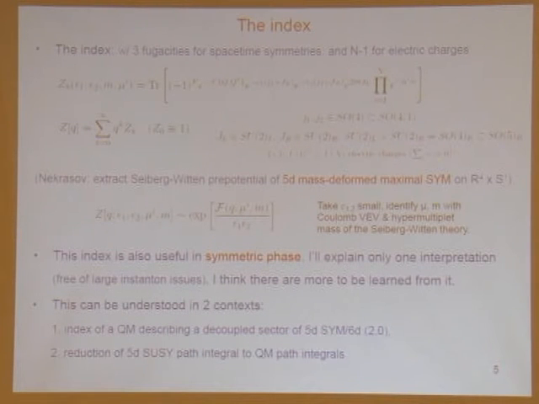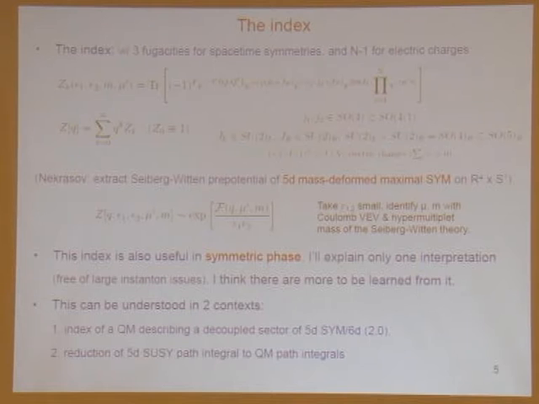firstly, I'll try to explain to you briefly how the index calculated by Nekrasov looks in the symmetric phase. I'll explain a little bit of physics to see that this is describing the 6-dimensional physics of the 2-0 theory compactified on R^4 times T^2, just to give you a brief feeling that it's giving you the correct 6-dimensional physics.